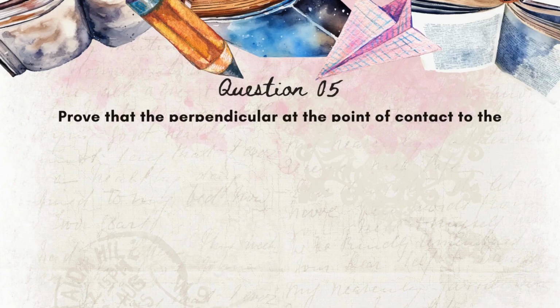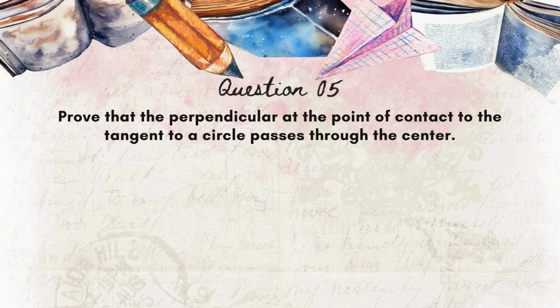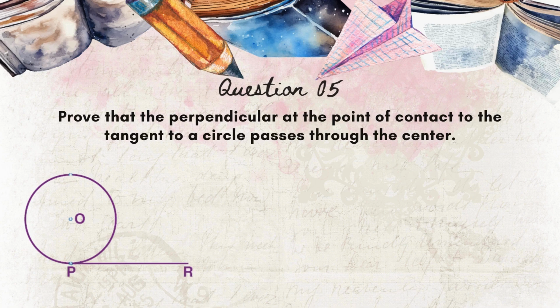Question 5. Prove that the perpendicular at the point of contact to the tangent of a circle passes through the center. Let O be the center of the given circle. A tangent PR has been drawn touching the circle at point P. Draw QP perpendicular to RP at point P such that point Q lies on the circle.